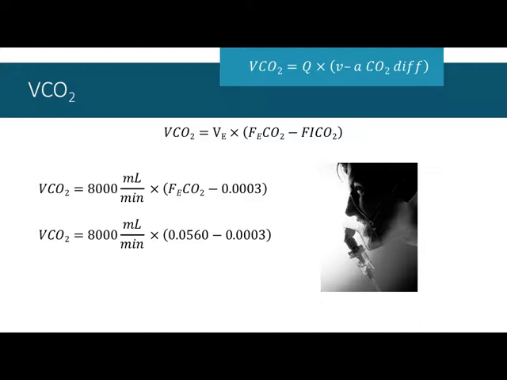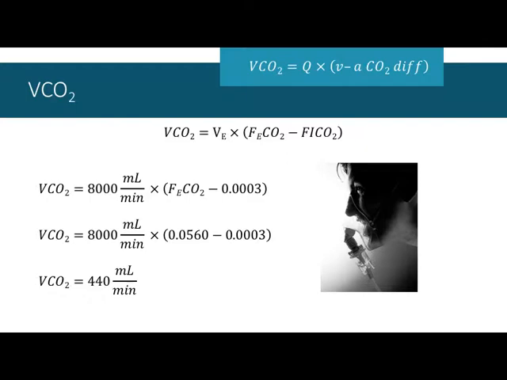This is something that you might see on the metabolic cart when you look at end tidal CO2 or fraction of expired CO2. So that fraction, 0.056, I'm literally going to just figure out the difference and multiply by 8,000. So my VCO2 is 440 milliliters of CO2 per minute.